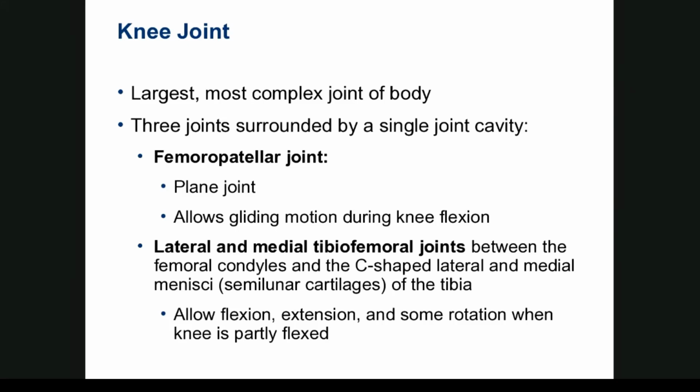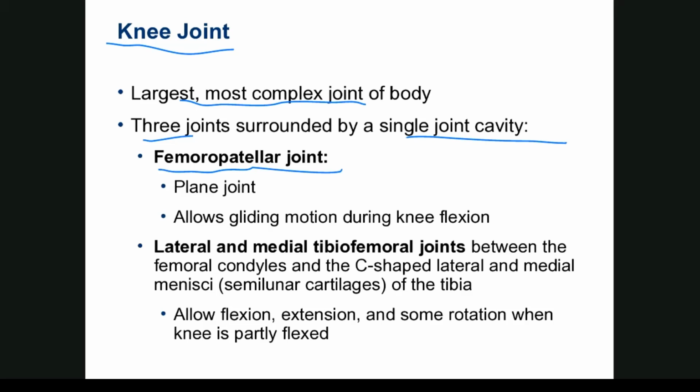We start with our knee joint. This is very complex, it's the largest, most complex joint of the body. It's 3 joints surrounded by a single joint cavity. The femoropatellar joint, think of femur gliding across the patella. And this allows knee flexion.